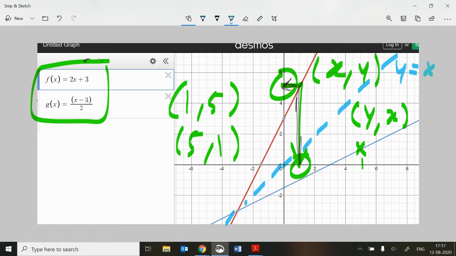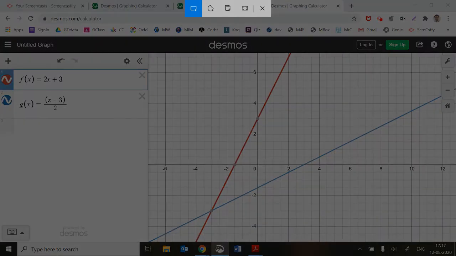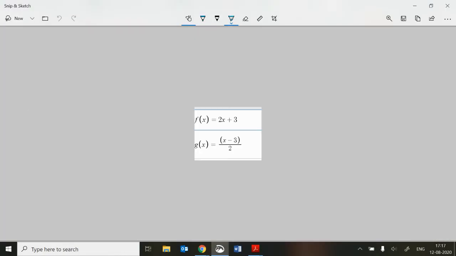Okay, so again, let's just deal with the technique for this one. And the basic technique for doing inverse functions, which a lot of you will know already, is to say, well, look, let's set up y equals 2x plus 3 for this one here. And then let's switch around the x's and the y's.